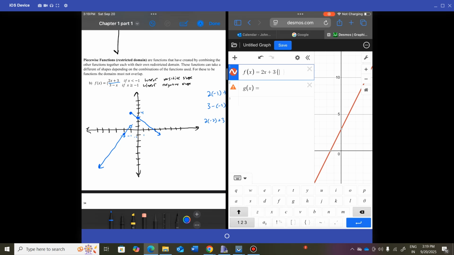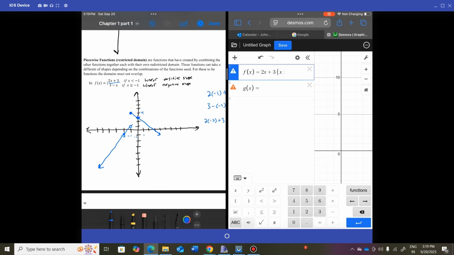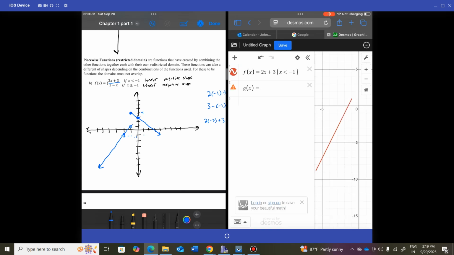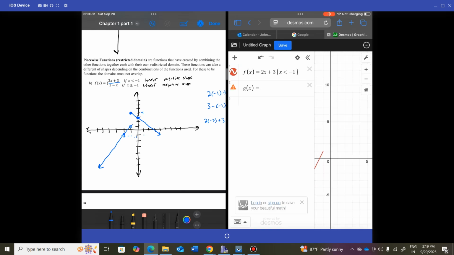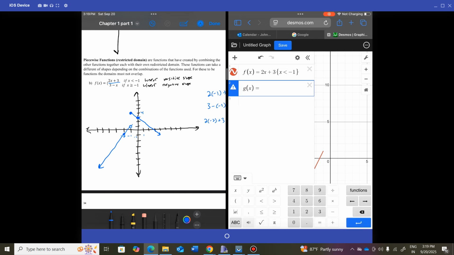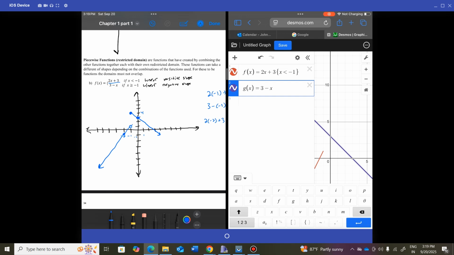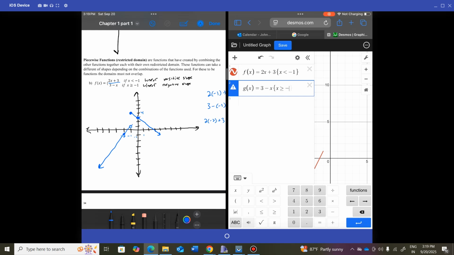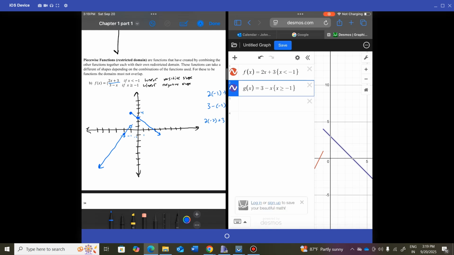So brace x less than -1. And so it tells it to stop. And it's only on that side. And then the bottom one, 3 minus x. And this is going to be when x is greater than or equal to -1. And so it gets that portion of it. Okay.